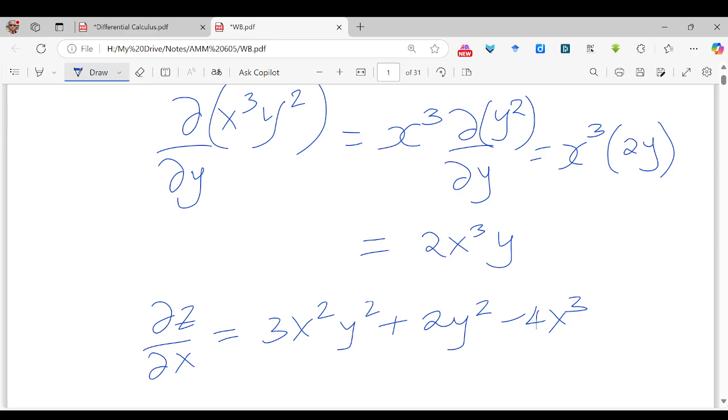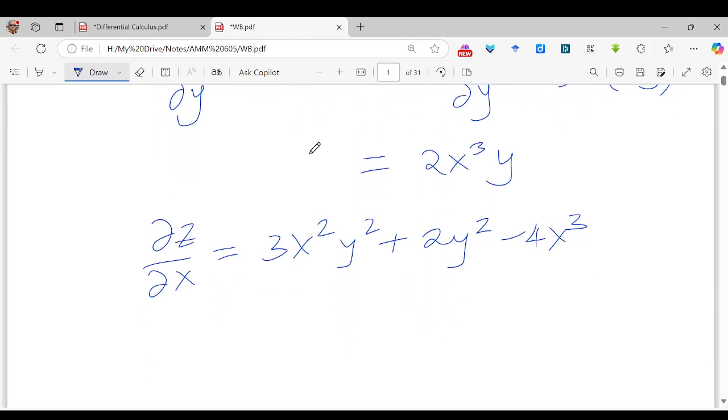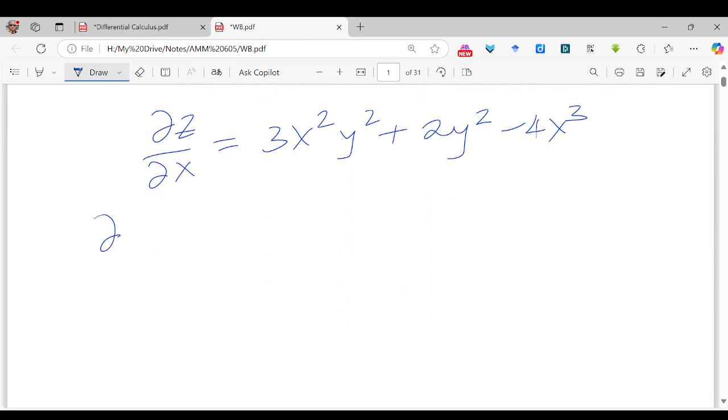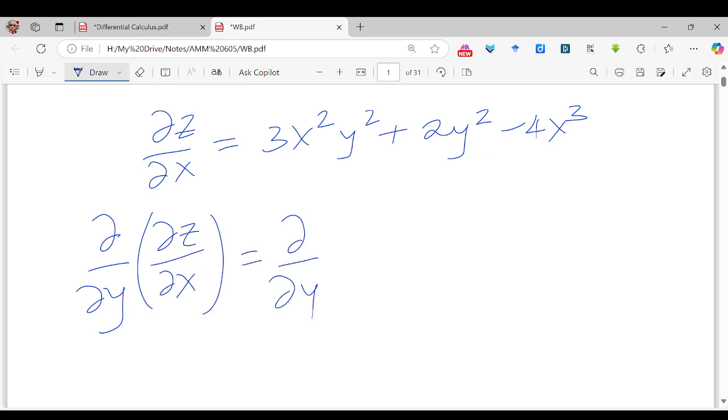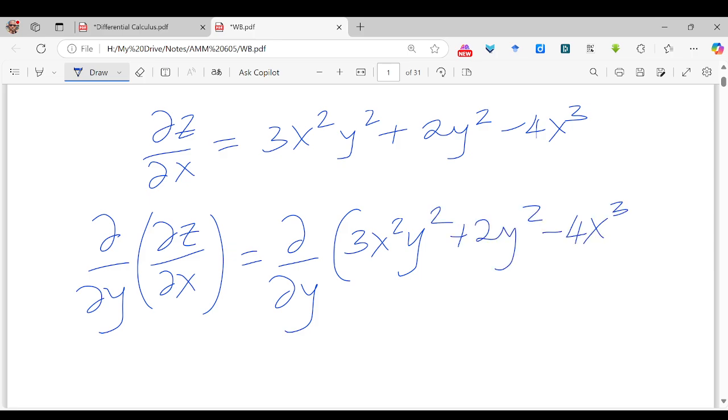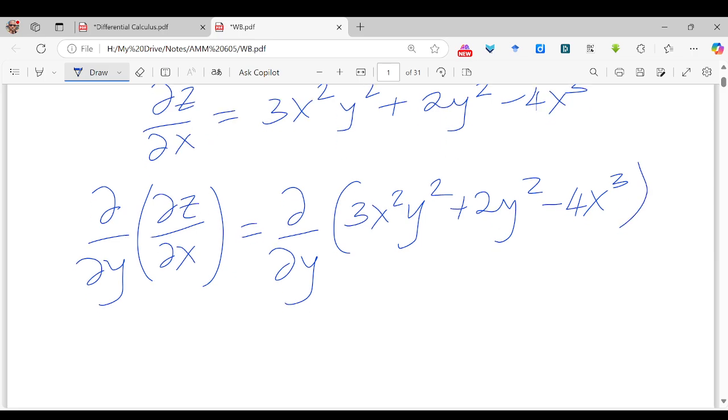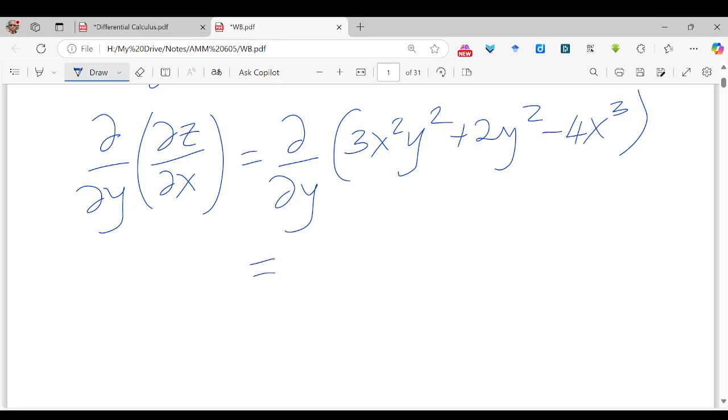And now differentiate this partially with respect to y. So we find the derivative with respect to y of this function: the partial derivative with respect to y of 3x squared y squared plus 2y squared minus 4x cubed.